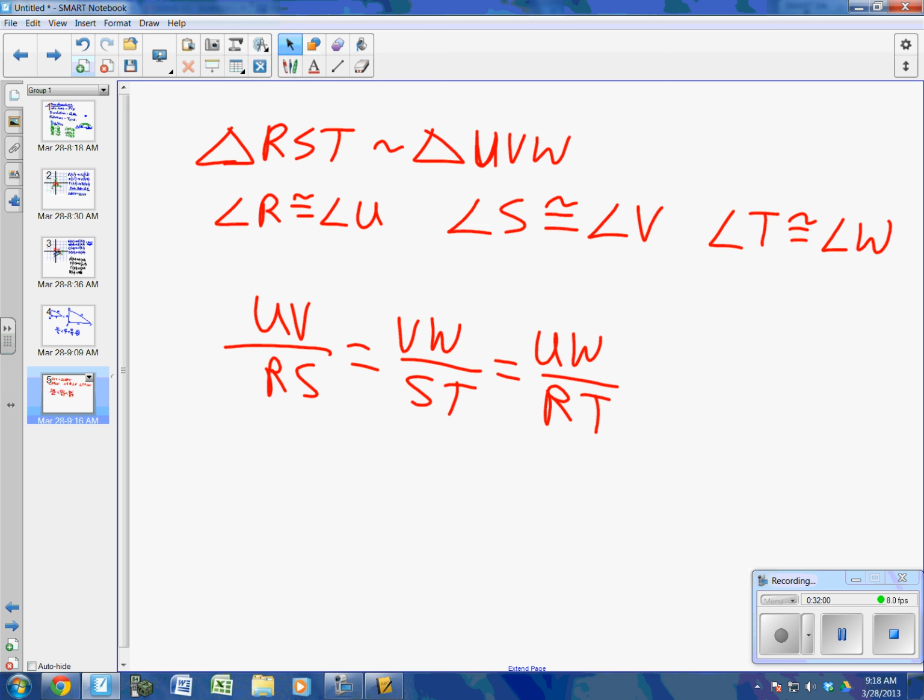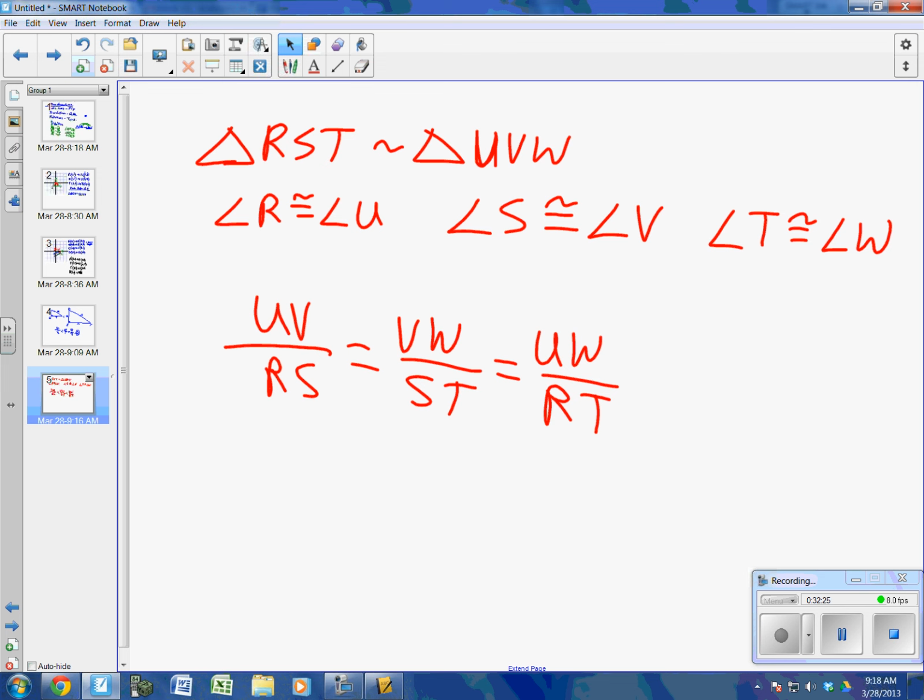Yeah, times 8 times 4, right? Does everybody understand that? The scale factor is 4 and RS is 8. How do you find UV? You just take the scale factor, which is 4, and times it by 8, and you would get what?